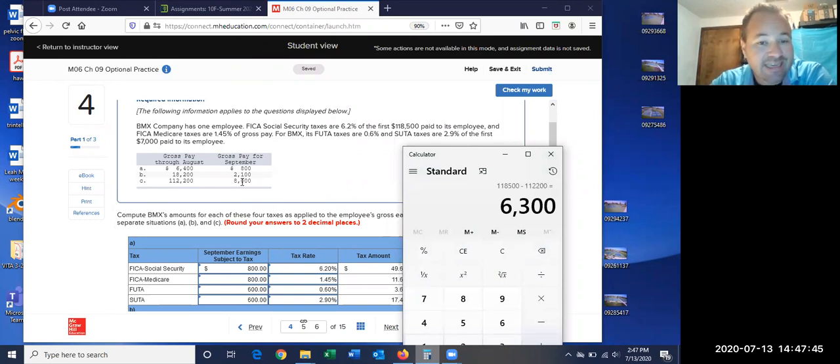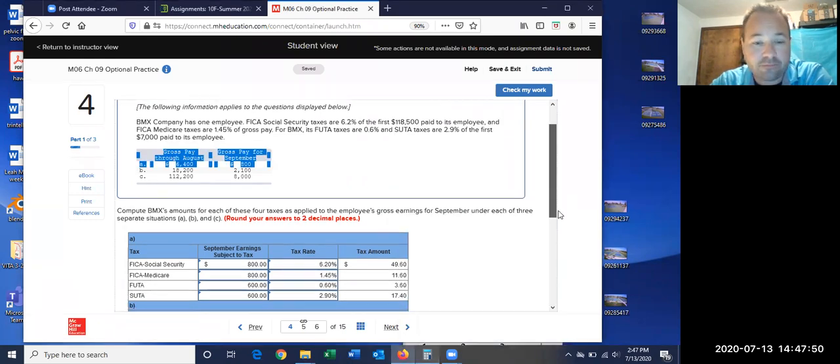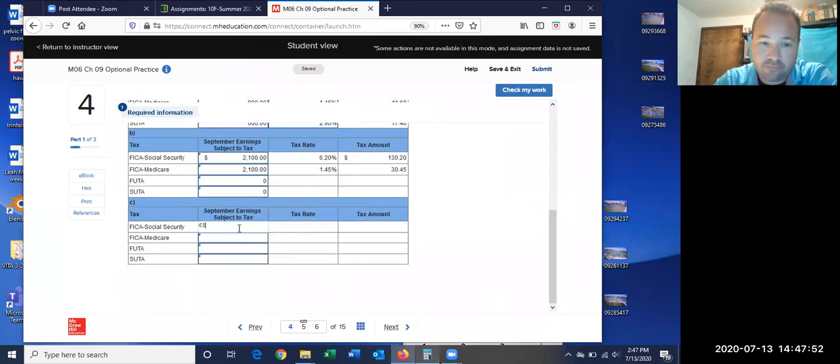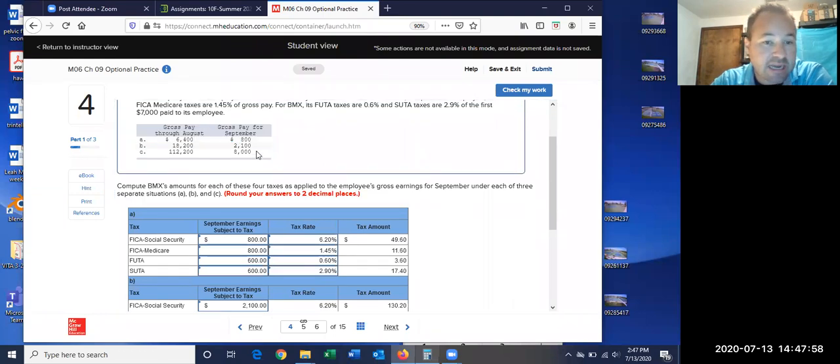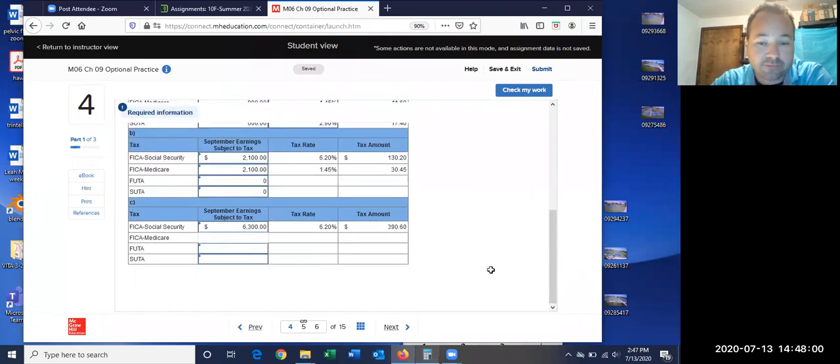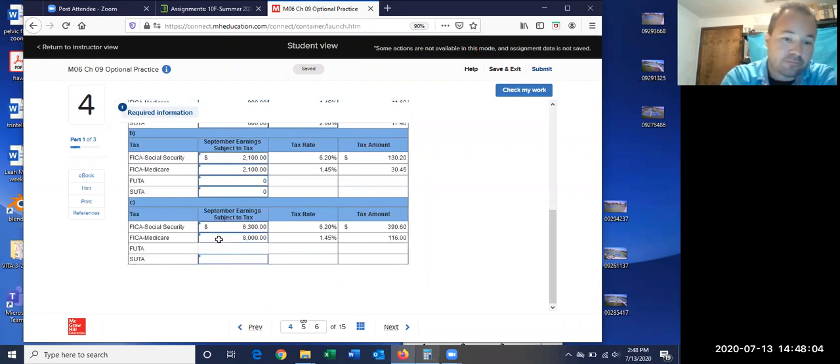So instead of taxing 8,000 for Social Security, I'm only left with 6,300. Medicare has no cap, so I'm going to tax the entire 8,000. And finally, FUTA, nothing, and SUTA, nothing, because I'm way over the cap.